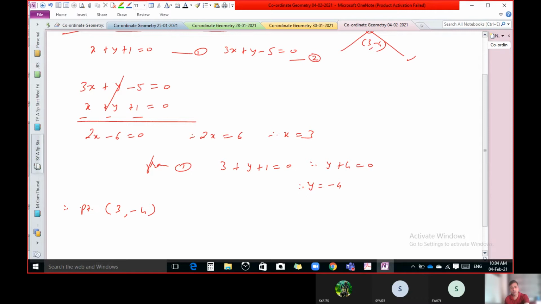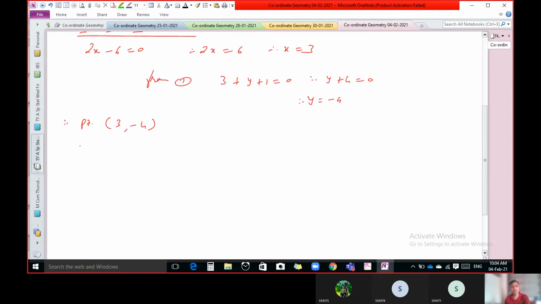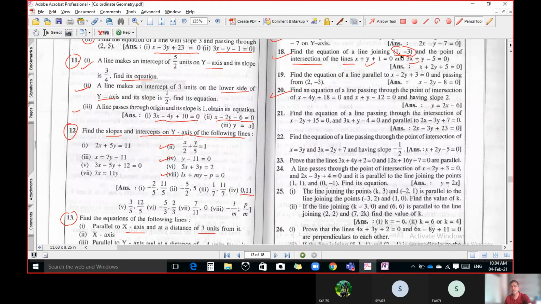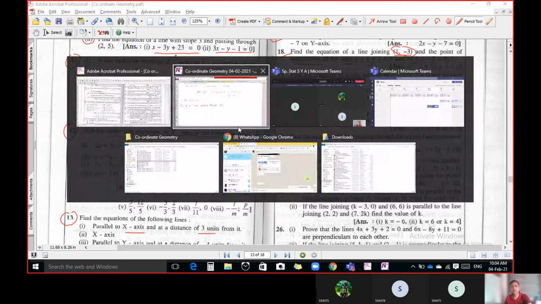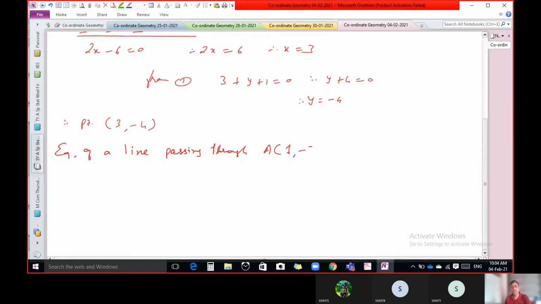So now the equation of a line passing through 2 points. Let us consider A as the first point, 1 minus 3, and B as the second point, 3 minus 4.